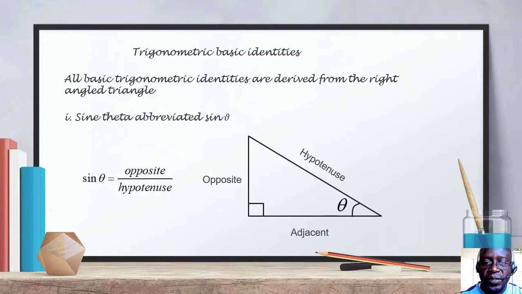So in a right-angled triangle, if we take the length of the opposite and divide it by the length of the hypotenuse, we get a trig ratio which we call the sine of theta.